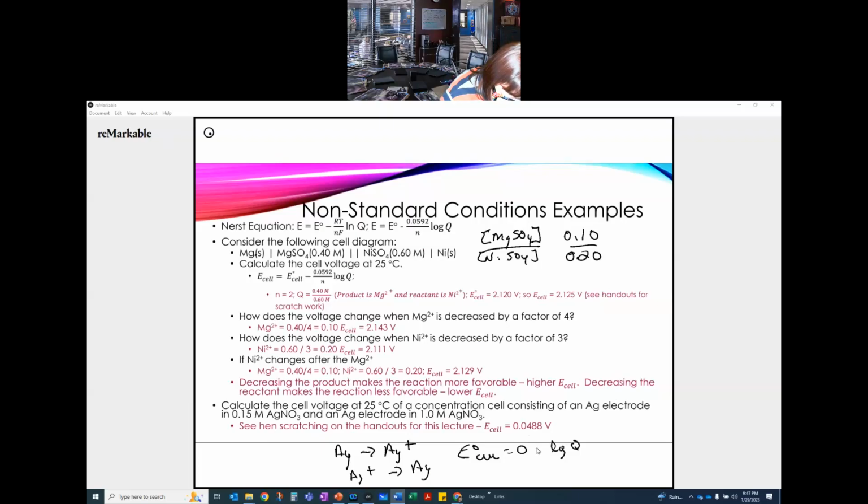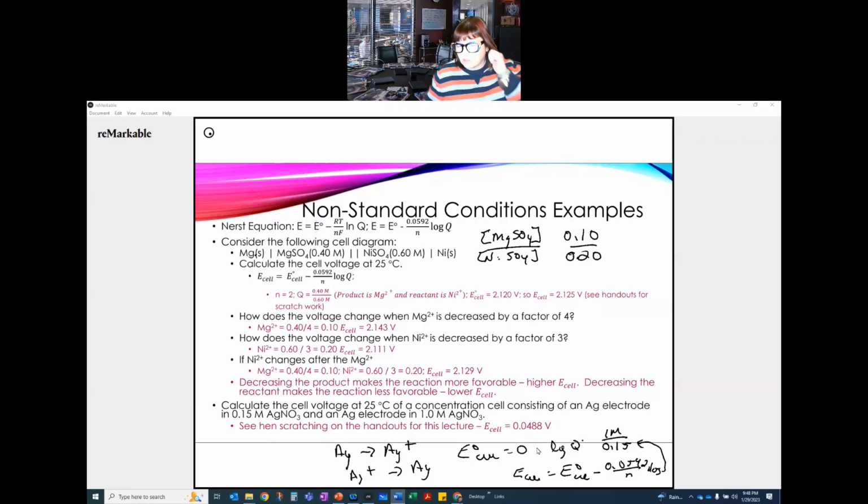So our product is the 1 molar, and our reactant is the 0.15 molar. And so if I do that math, E cell equals E naught cell minus 0.0592 over n times the log of that Q that I have right there. This is a one electron process because we're talking about transfer of electron. So that gives me 0.048 volts.